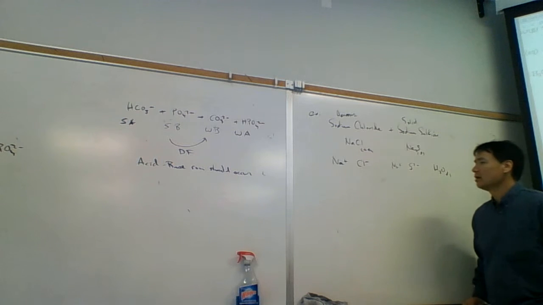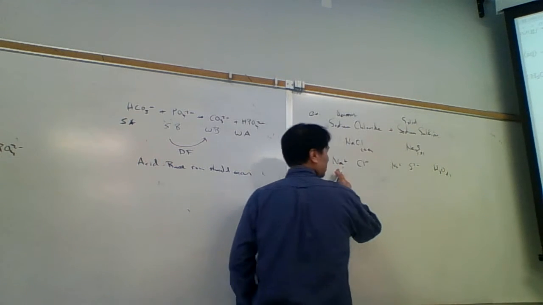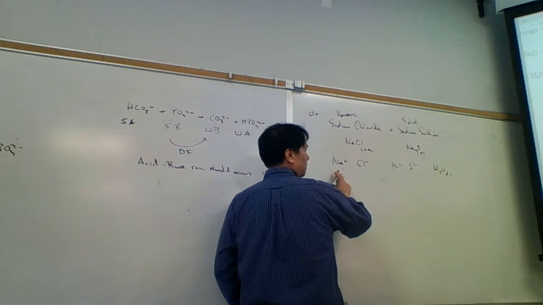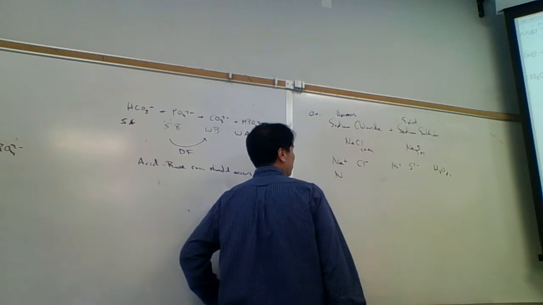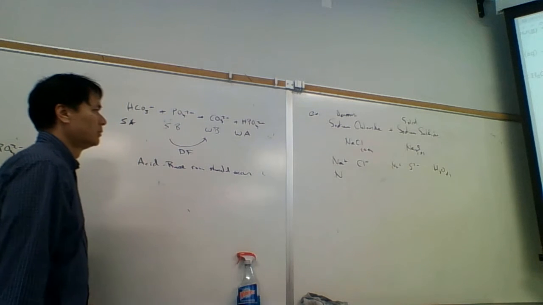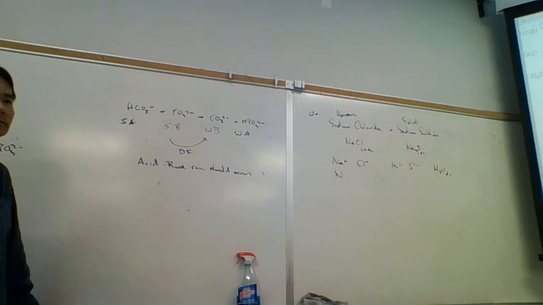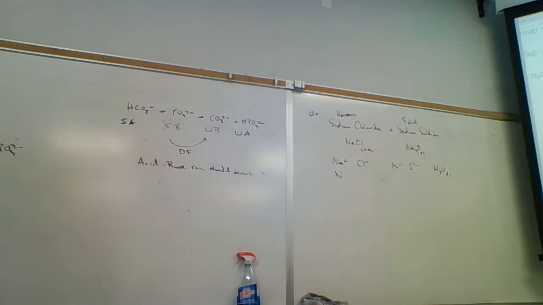Then we're going to identify sodium ions. Are they acid? No. Are they base? No. None of the above. Chloride. Chloride is kind of tricky because when we look at the chart, acids are on the left, bases are on the right, so it's a base.